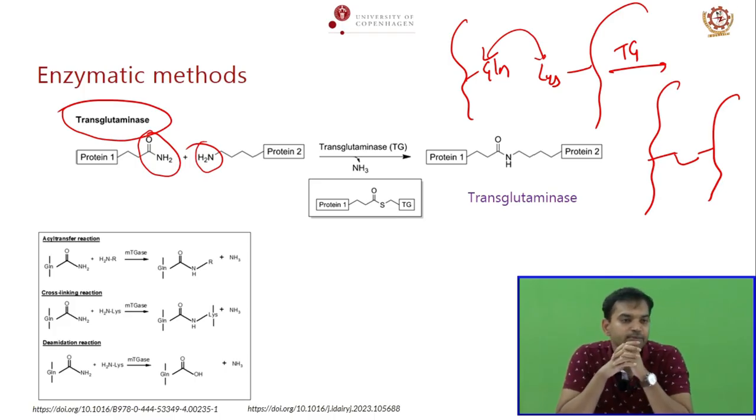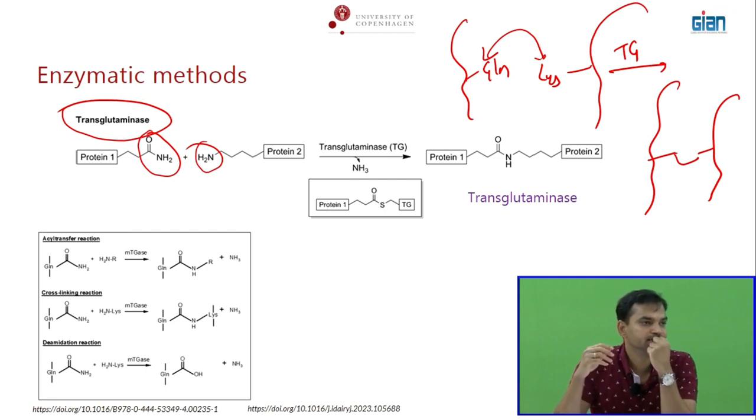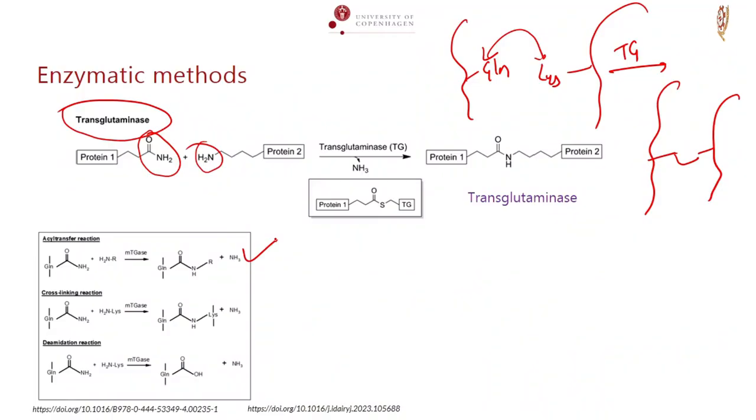Now can you think a little bit about why we need to do the cross-linking? What does it help? What will it benefit? It will improve the texture, because sometimes we need an extra complicated gelation, right? And that can be done with transglutaminase. Am I clear? Please note that transglutaminase also has other chemical properties. It can also do acyl transfer. This is what I just mentioned.